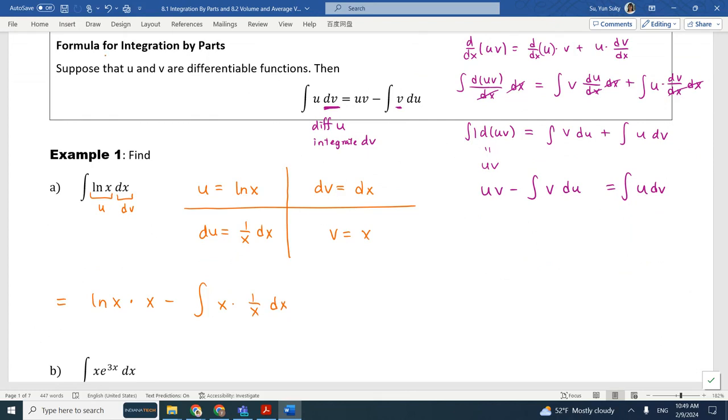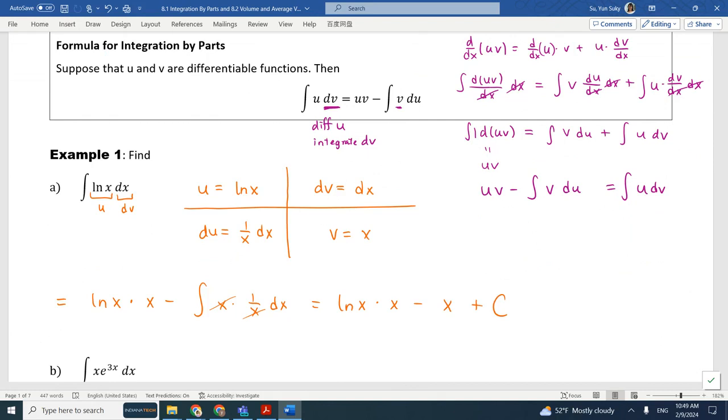Great. What happened with x and 1 over x? They cancel. We just get 1, right? What is the integral of 1? x. Okay, so at the end, we do plus c. Is that okay, everybody? Yeah, this is integration by parts.